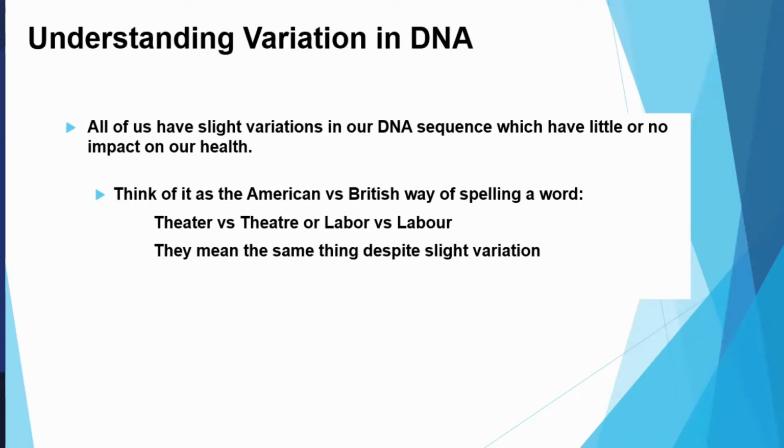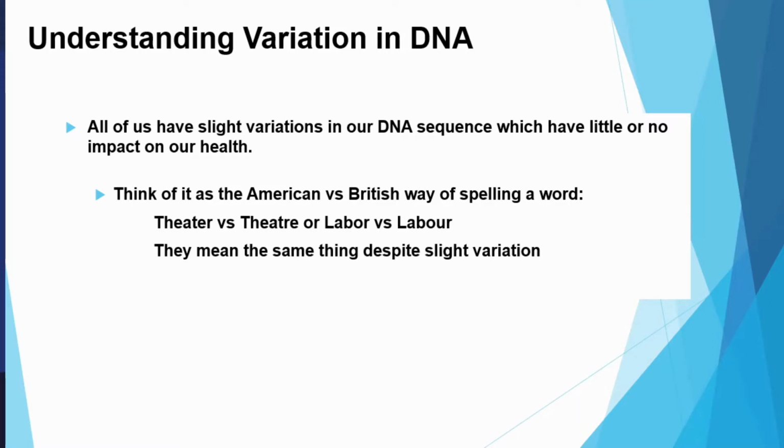So let's talk about the variations in DNA. The way I like to think about them, and that I explain to my patients in the clinic, is that differences in our DNA can be thought of like the differences between the American versus the British spelling of a word. So theater versus theatre with an RE, or labor versus labour with an OU.